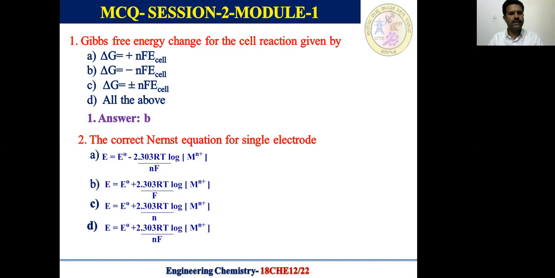Option D, E is equal to E naught plus 2.303 RT divided by nF log of concentration of Mn plus. So as we derived, the right answer is option D. The correct Nernst equation for single electrode is E is equal to E naught plus 2.303 RT divided by nF log of concentration of metal ions.